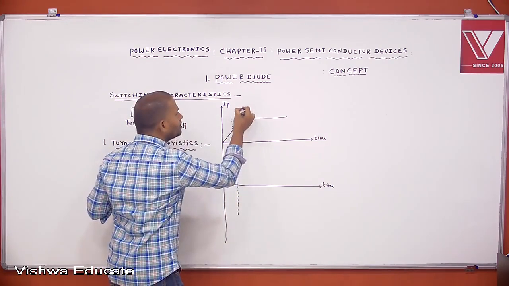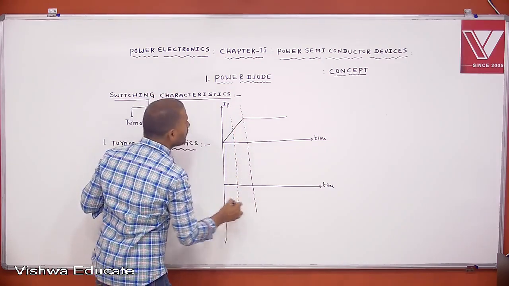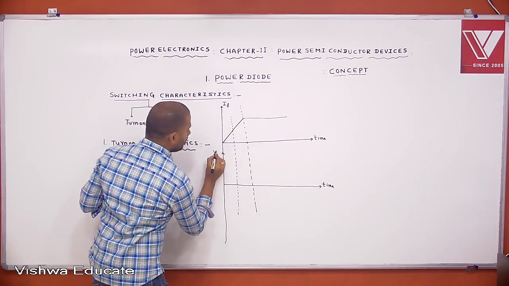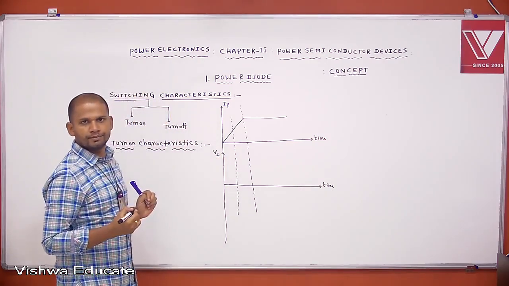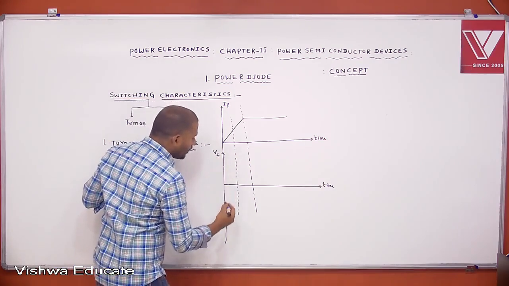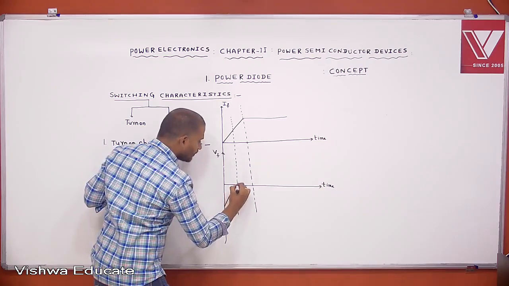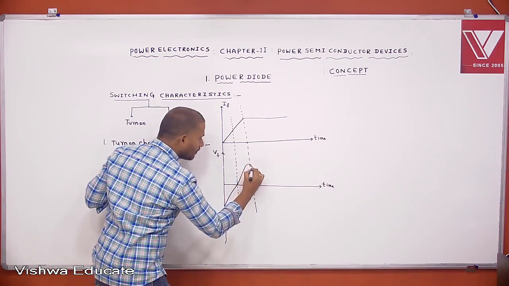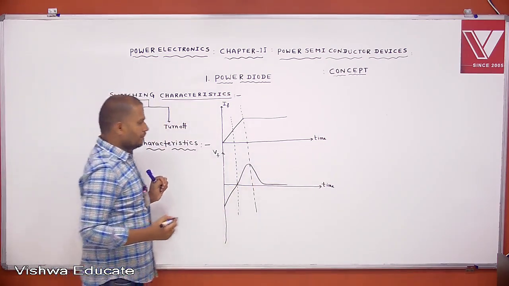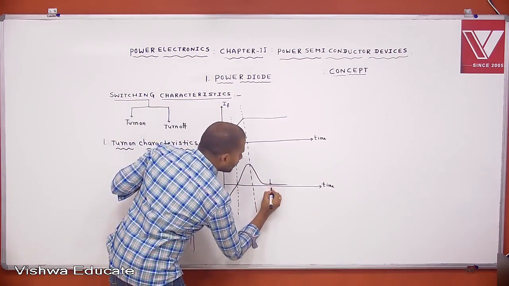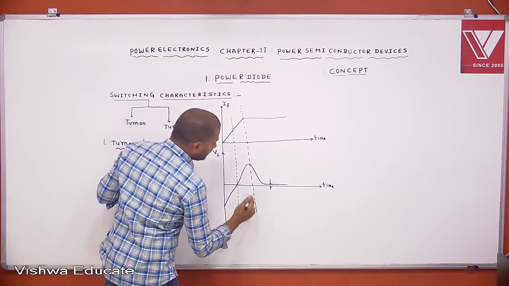That you concentrate. This is the forward voltage across the diode. Now the forward voltage across the diode is changing like this. This is the forward voltage drop, the on state voltage drop.